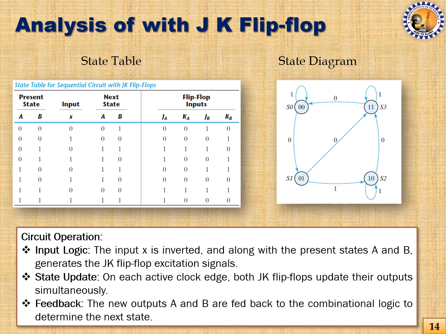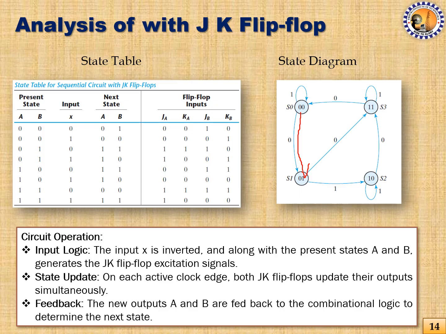So we are in present state 0 0, and if we apply a 0, then we will migrate from here to this state, and during that time, actually here there is no output combinational logic, so the flip-flop status only can be treated as the output. That means the flip-flop output conditions for A will be equal to 0 and B will be equal to 1. In this way, this state diagram has been designed.